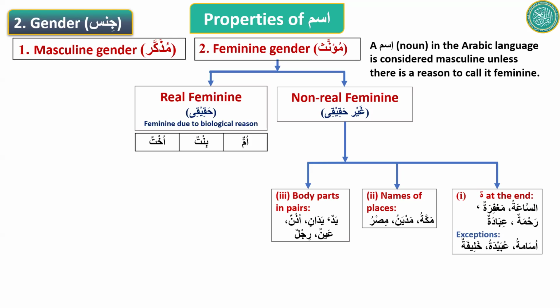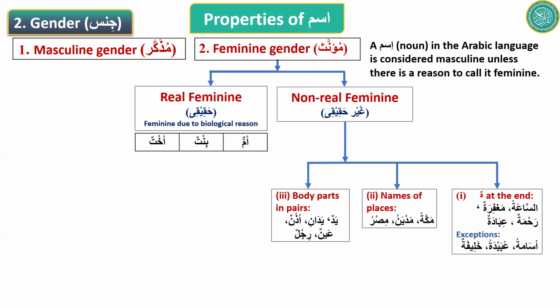So I introduced you to four reasons to call an ism feminine. Biological reasons, called real feminine. And if there is no biological reason, it could still be feminine because of a ta marbuta at the end, or names of places. All names of places, Makkah, Madian, Misr, Pakistan, India, are feminine.